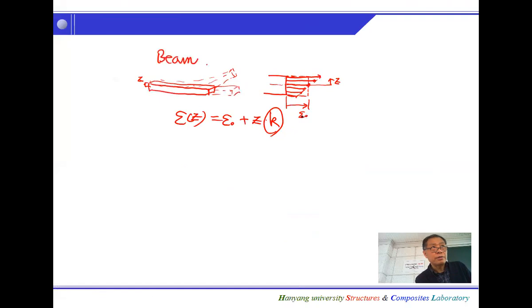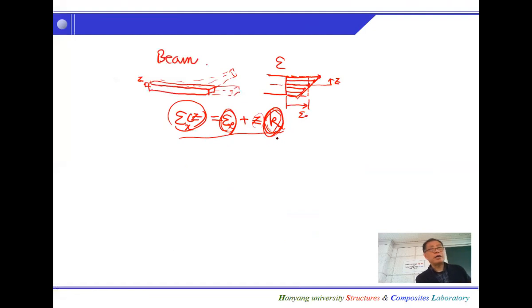Epsilon 0, okay? And this is the slope, which is the curvature. So epsilon 0 and slope curvature give the strain as a function of Z. So any x-directional strain epsilon x is expressed in terms of in-plane, uniform, and curvature terms.